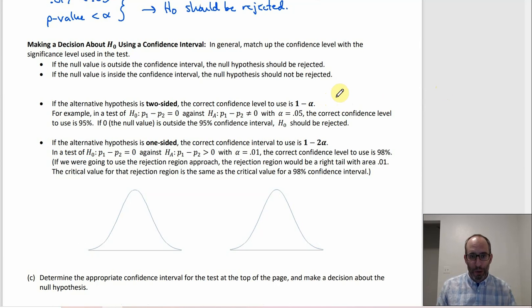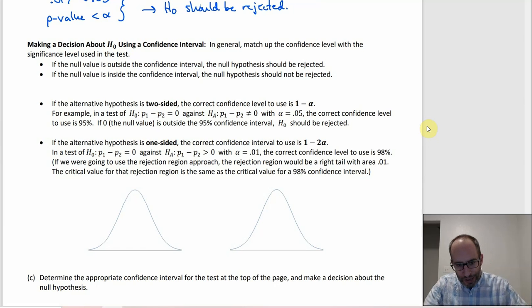So if alpha is 0.05, use a 95% confidence interval. If alpha is 0.01, you use a 99% confidence interval. And that's pretty much it. And then if 0, which would be your null value, is outside of the confidence interval, then you'd reject the null. And if 0 is in it, then you would not reject the null.